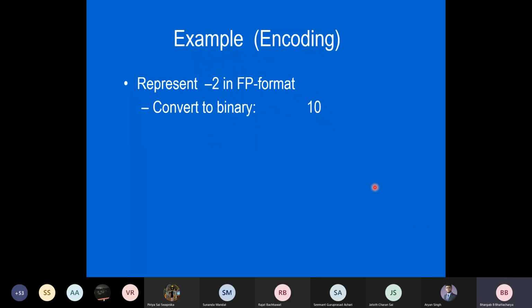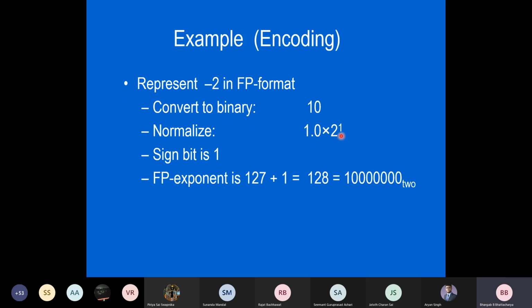And that's why when I want to represent -2 in floating point binary, I consider 2 as just an unsigned number. So 1 0, no 2's complement. So normalize it. Sorry, this is 1.10. So I need to push the binary point here. So this is 1.0 times 2 to the power 1. Sign bit is 1, negative. The floating point exponent should be biased.